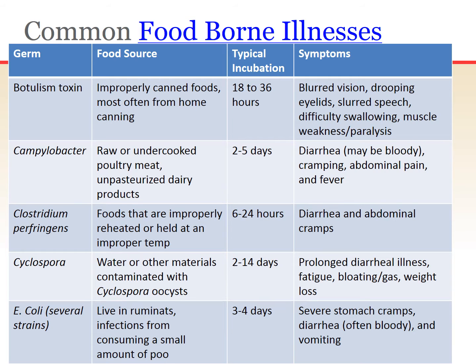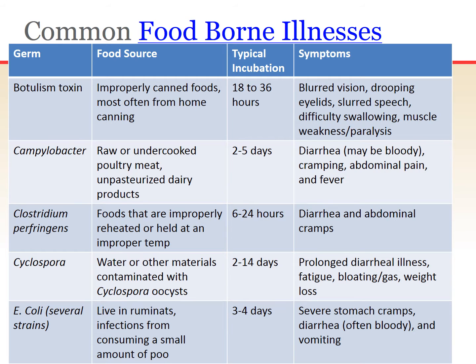So the botulism toxin is, of course, a cause of disease, and it results from improperly canned foods. Back in the day, this might have been more common in commercially canned foods, but now it's primarily improperly home-canned foods.